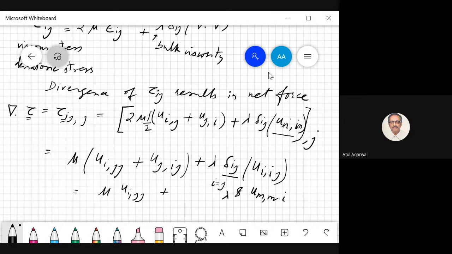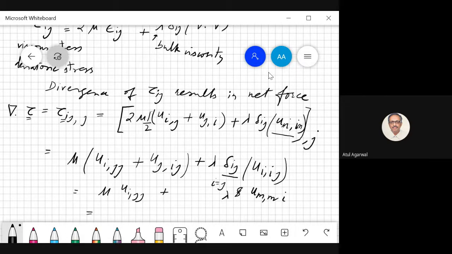Both i comma j and j comma i are there, and you have taken derivative with j. So now j becomes dummy and only the effect on i is left. We want the force component in i direction, so we are getting a term in index i. Similarly here, since j is repeating and it is delta ij, you can knock out j and replace with i. So this is what we are getting.